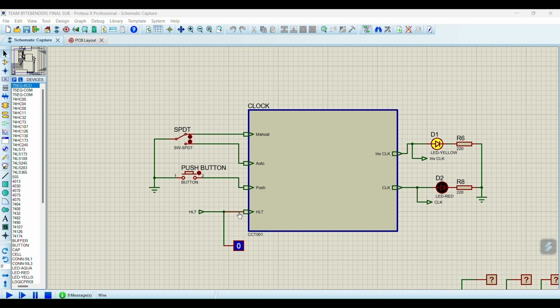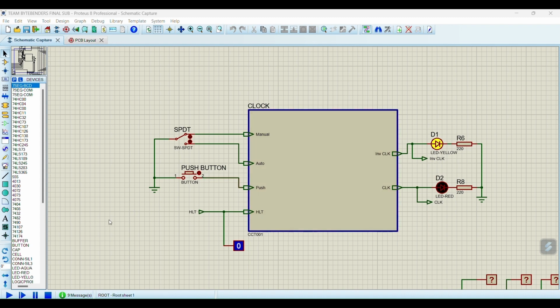But when the halt converts from 0 to 1, the clock stops working. There are two outputs in the clock pulse generator. They are the clock pulse output and the inverse clock pulse output. The LEDs are used to visually confirm the active state of each output signal.